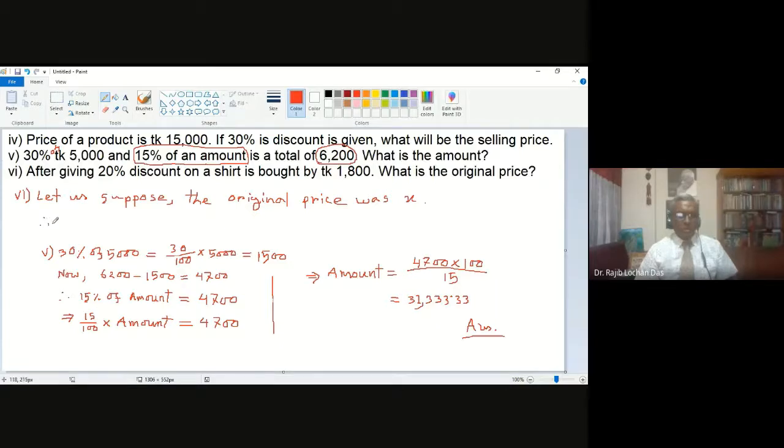Now you can say X minus 20%, not 15, 20, of X is equal to 1,800. Can I write it like this?